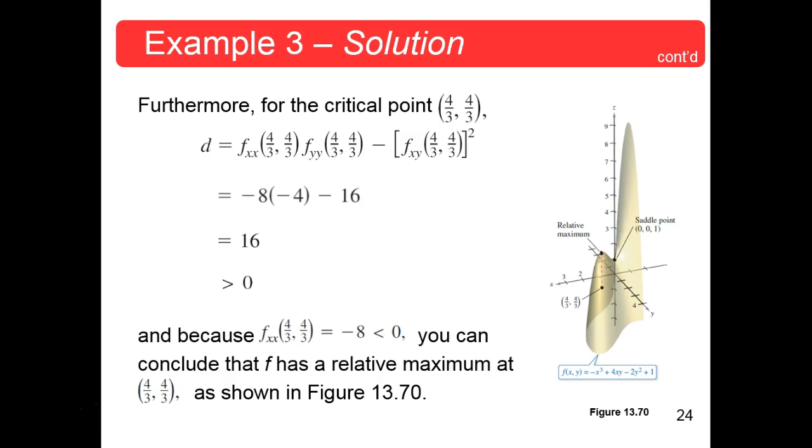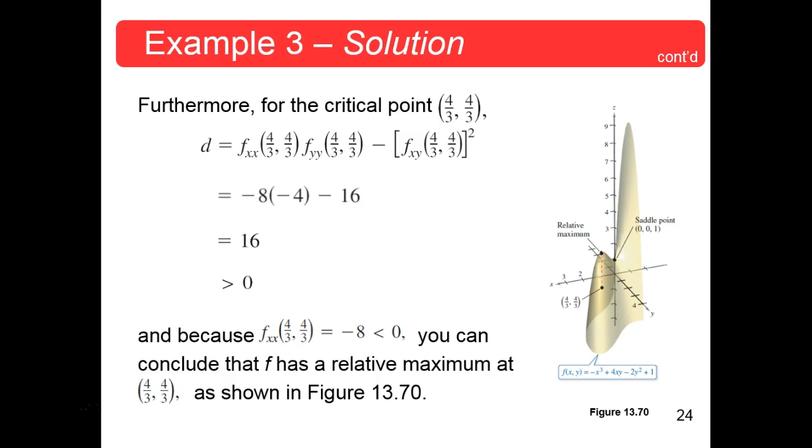At the other one, at 4/3, 4/3, your value up here was, what was it, 2.6 or something like that. I don't remember exactly the value, but it was 2 5/9, I believe. 2 5/9 was the value there.